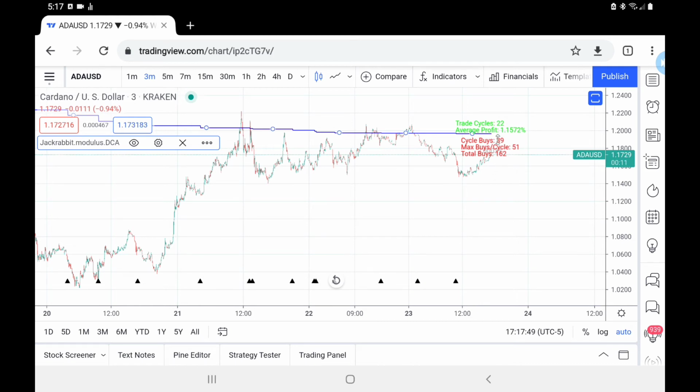So 22 trades in a 3-minute period, but its organic percentage is only 1.15%.